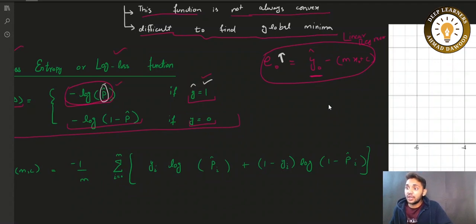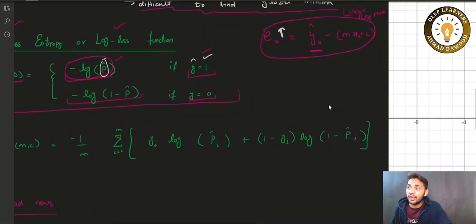In the other way, when your actual value is 0 and your prediction is, let's say, closer to 1, then your cost will be minus log of (1 minus 1), that is minus log of 0, and again your cost will be very high.